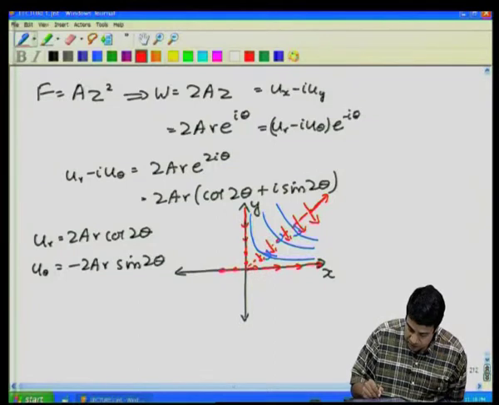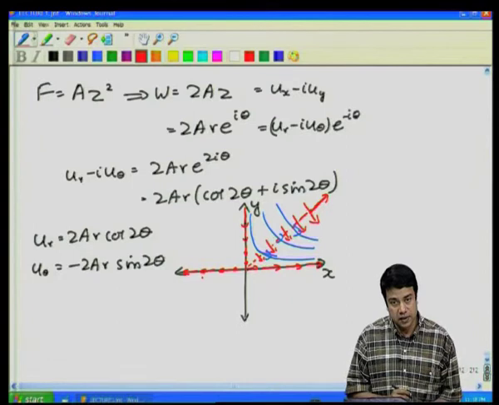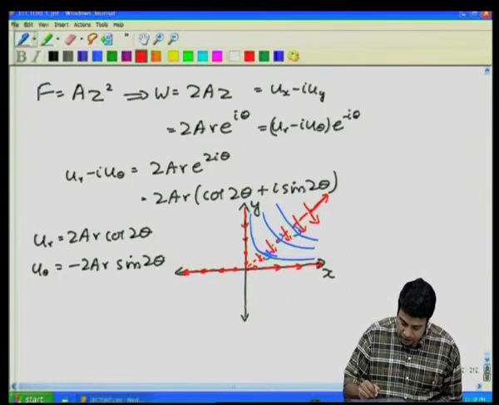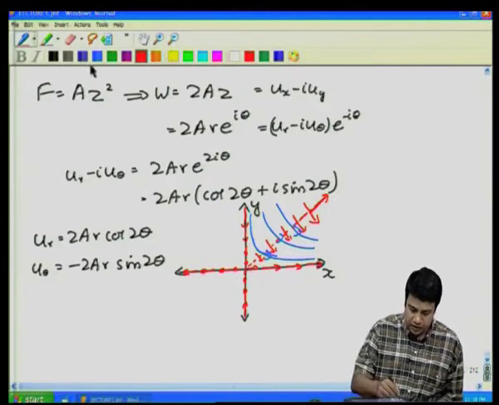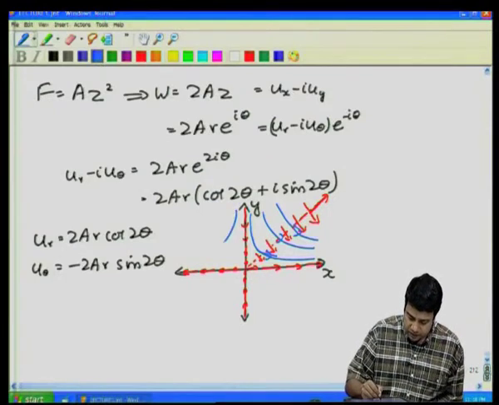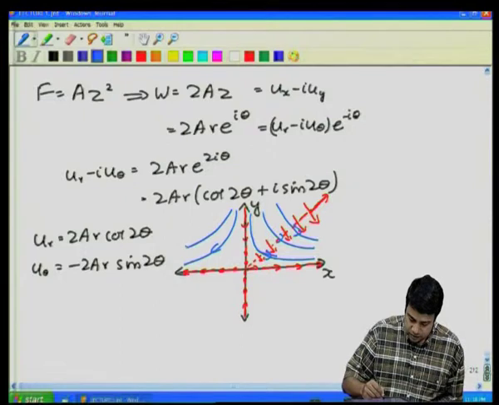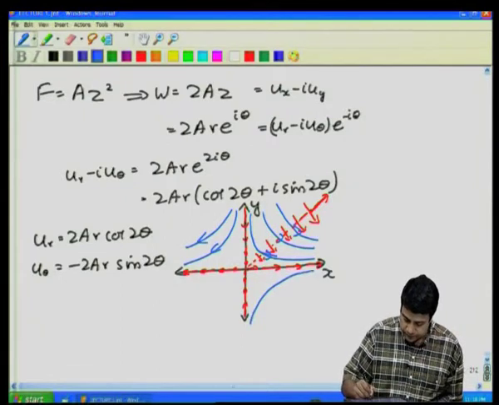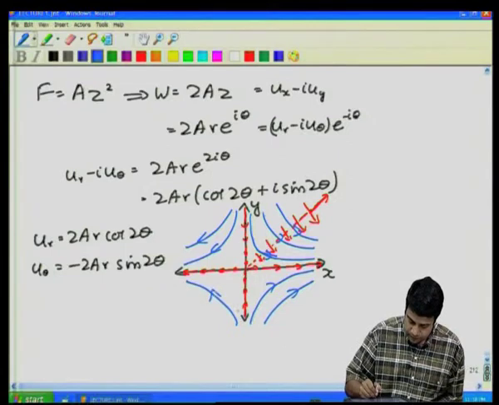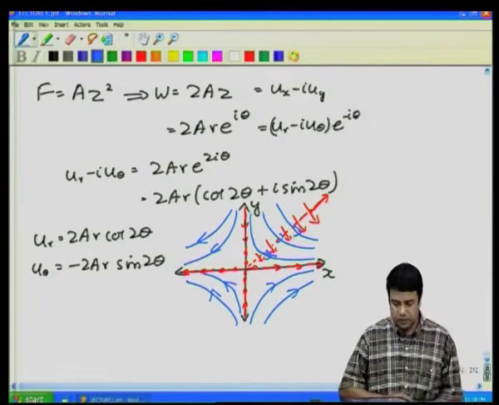You get a velocity that is radially outward along both the positive and negative x axis. It is inward along both the positive and negative y axis, and you end up with a velocity field that looks something like this.